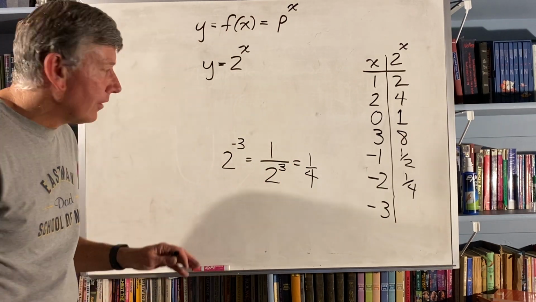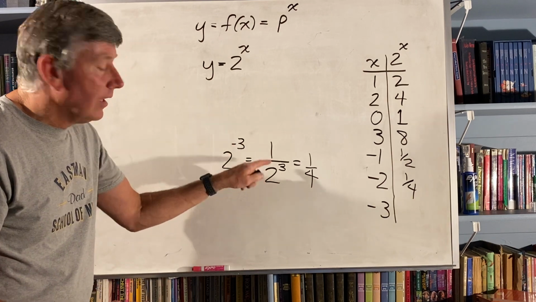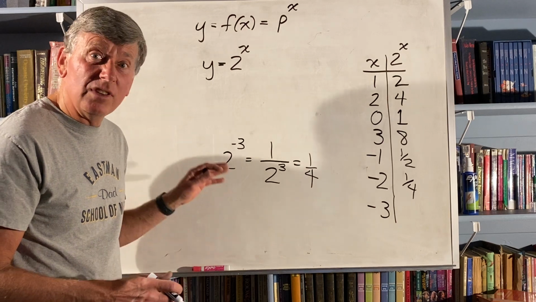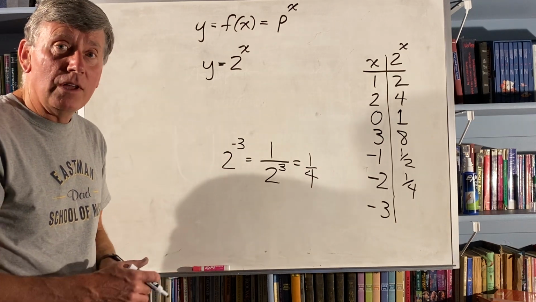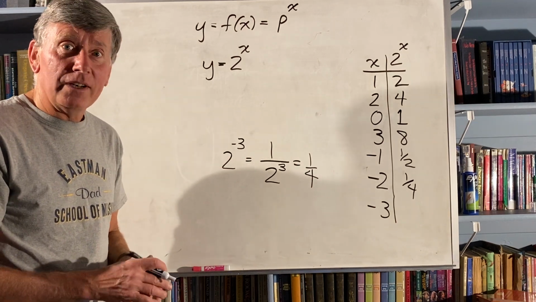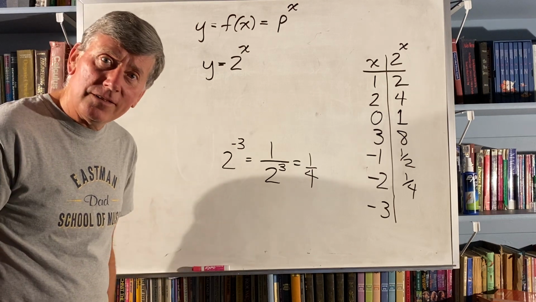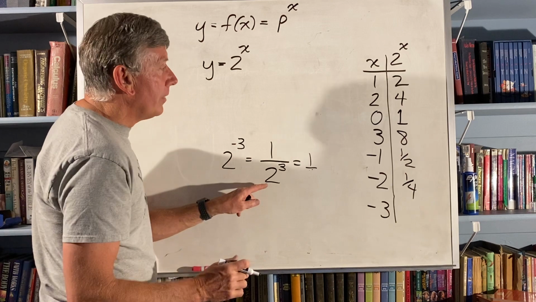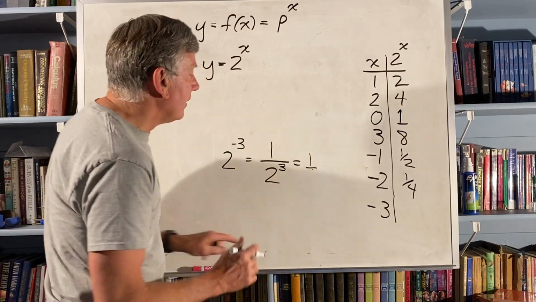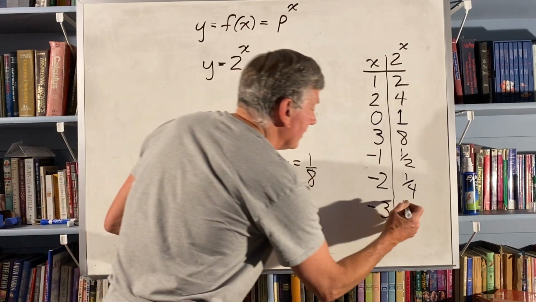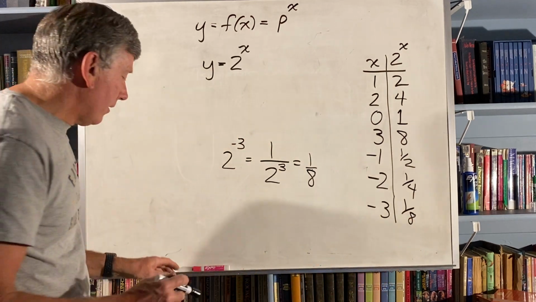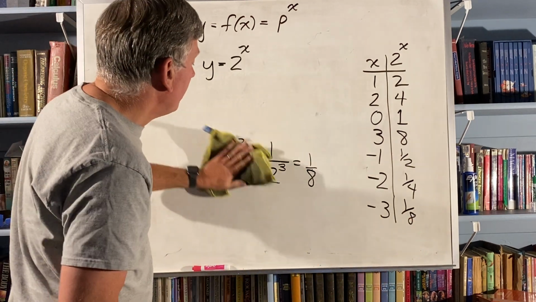I hope you're seeing the pattern now. A negative exponent always ends up being a positive number. You'll never get a negative number by means of a negative exponent. It will not happen, and you're about to see why. 2 to the third power, we know from here is 8, so this becomes 1 over 8, or 1/8. Now let's graph these.